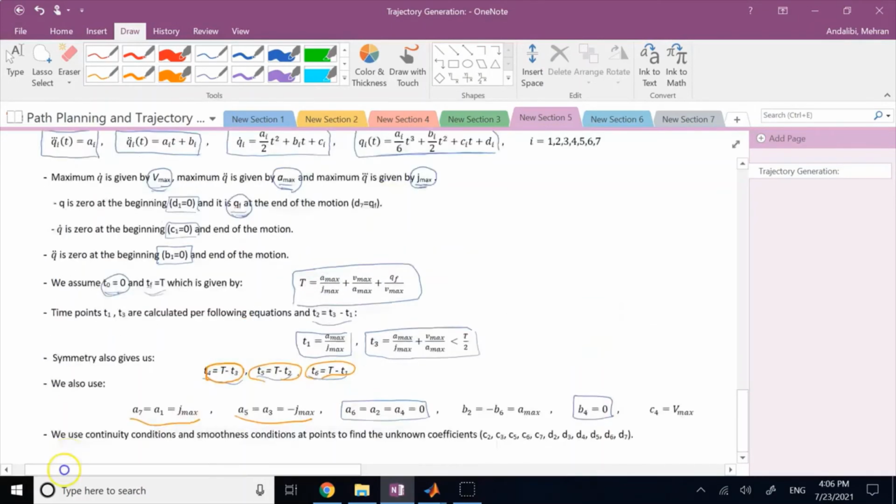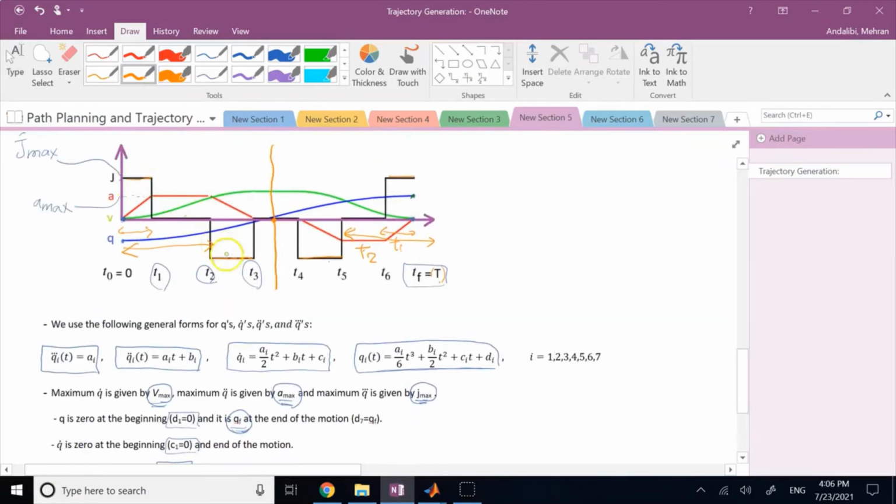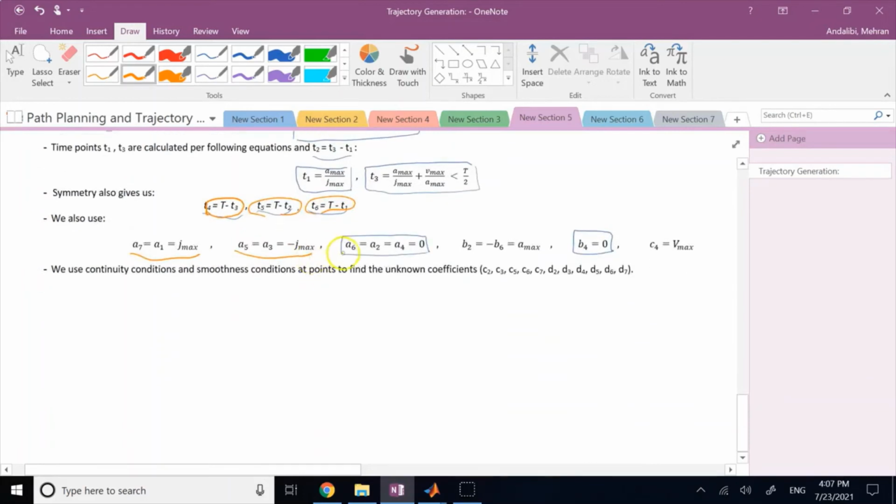You don't have to choose the positive value and negative of J value to be necessarily the max. One of them can be less than the max in terms of magnitude. But here, to make it as symmetric as possible and make the calculations as simple as possible, we choose to go with max jerk in parts 1, 3, 5, and 7.